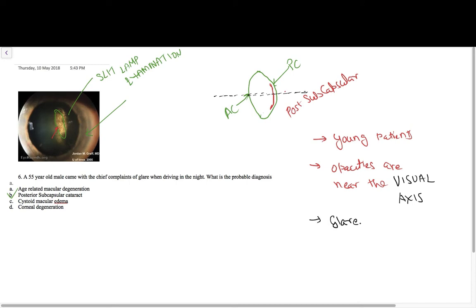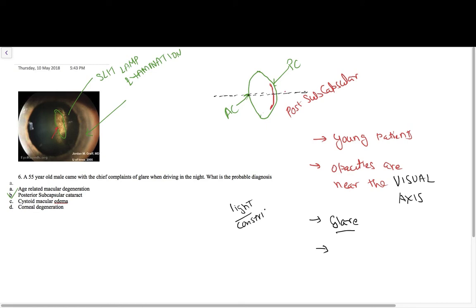Whenever he drives, the patient says, okay, I am okay in the night, but whenever I drive and I find a headlight coming in front of me, I find a lot of glare. So this is the main complaint of a patient with the posterior subcapsular opacity. Also, whenever there is a glare, you know that in the light there is a pupillary constriction. Okay.